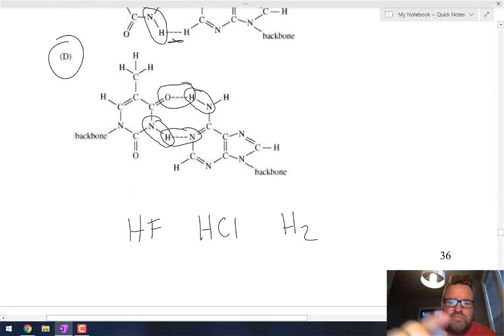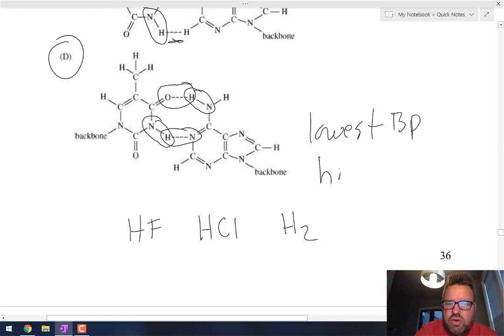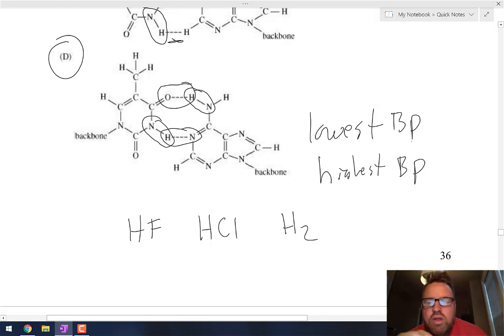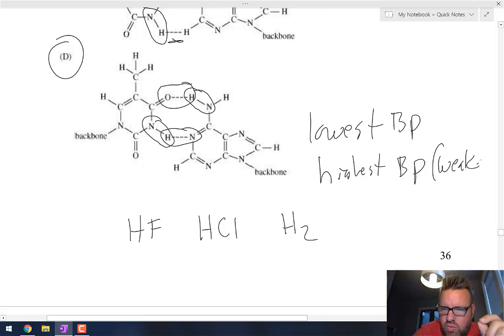Okay, so let's look at these three molecules here. If they were to say, here are three different molecules, put them in order from lowest boiling point to highest boiling point. The lowest boiling point is the one that has the weakest IMFs, and we're going to talk about this a little bit more in the next video.